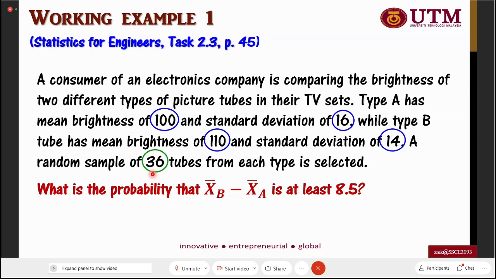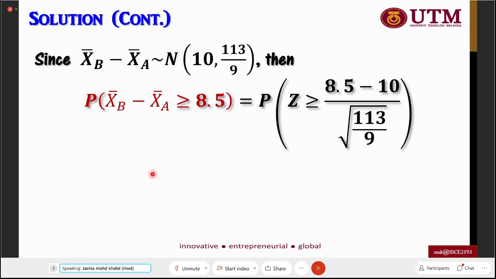So you can go through this solution again and you have to be clear on the basics. Otherwise, you keep on asking why is this, why is that, and then you don't move on. So now you know why it is normal: although you sample from any other distribution, the sample sizes are large, so you can use the normality approach.